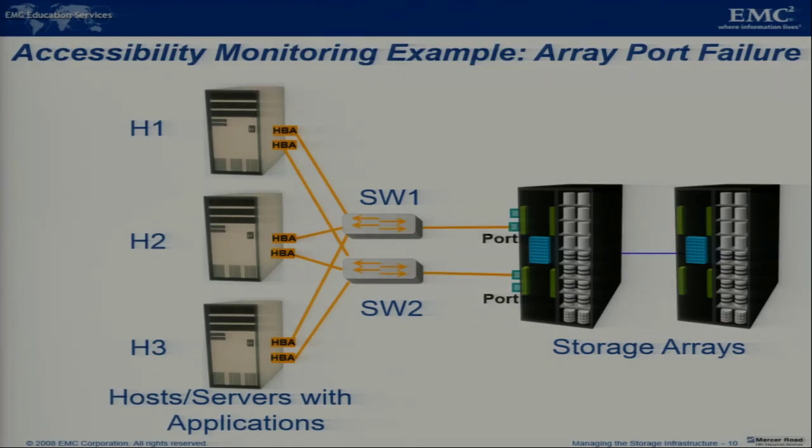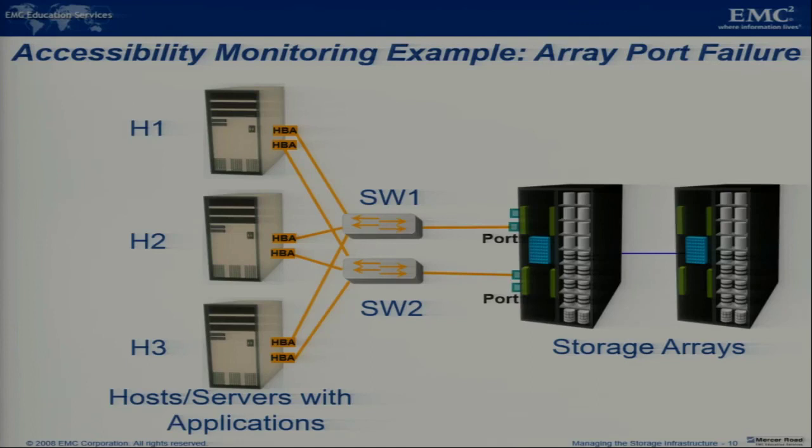As you can see, in this implementation there are 3 servers, H1, H2 and H3. All the servers are configured with 2 host bus adapters. Each of those servers, H1, H2, H3, has 2 HBAs. What is going to happen if one of the array ports fails?